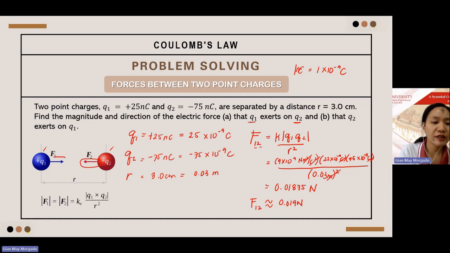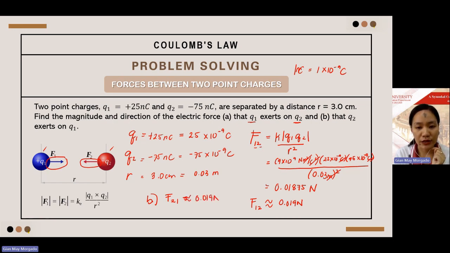The two forces are equal in magnitude but opposite in direction. So you don't have to solve for it anymore. For letter B, you could just write that the force exerted by charge 2 on charge 1 would also be approximately 0.019 newtons.